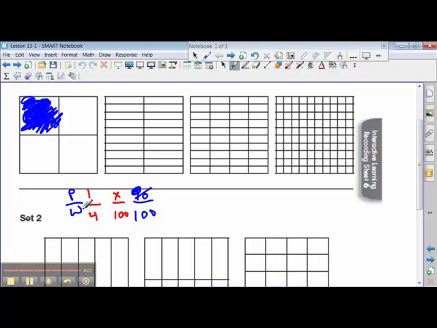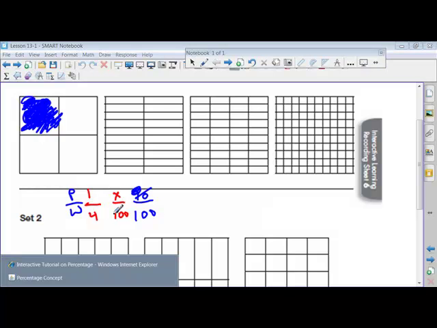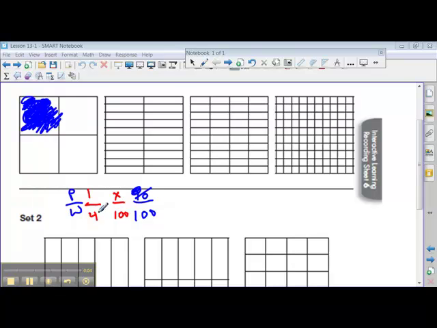Well, there's a number of ways we can solve it. We'll just use a magic 1. So we're going to use a magic 1 to turn this 4 into 100. So 4 times what? 4 times what equals 100? Well, 4 times 25 equals 100. And if I multiply the bottom by 25, I have to multiply the top by 25.